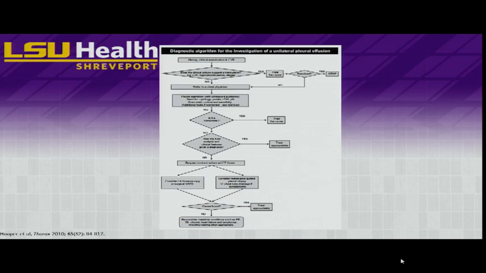But in general, if someone's clinical history is suggestive of transudative causes and you have bilateral pleural effusions, per BTS guidelines, you can treat them as having transudative effusions without necessarily having to sample the pleural fluid. As you can see, the guideline is very dense, and I'm going to unpack this over the next few slides.